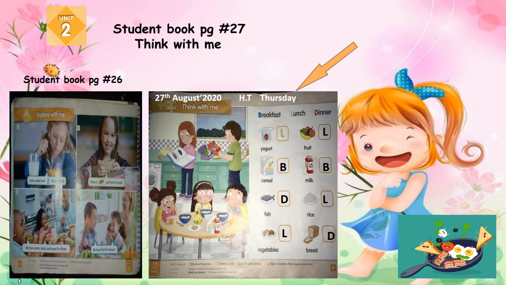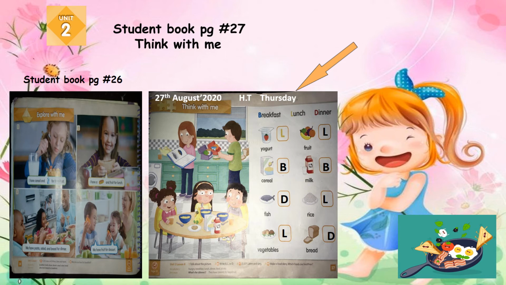Rice, rice. Vegetables, vegetables. Then bread, bread. Now what you have to do?